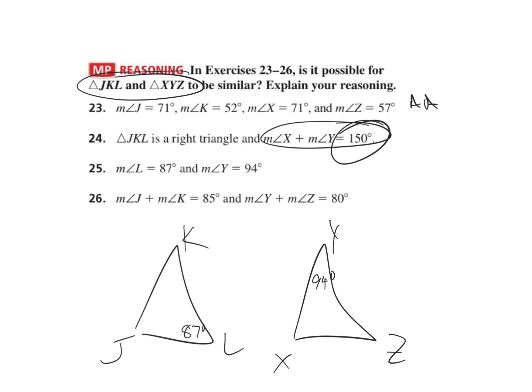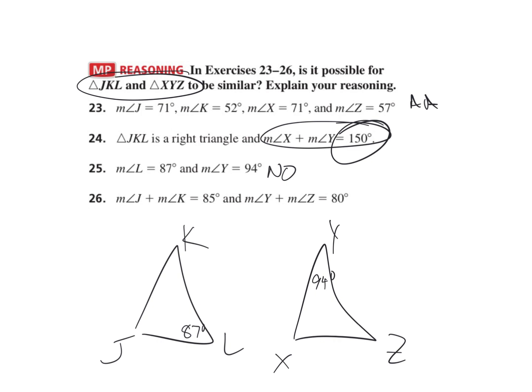So do we have enough information? No, we don't. You need at least another angle, and we don't know if it's a right, it's obtuse, or both acute. We don't have enough information. So no, we can't say they're similar. Okay, they may be similar, but we don't have enough information to show it.